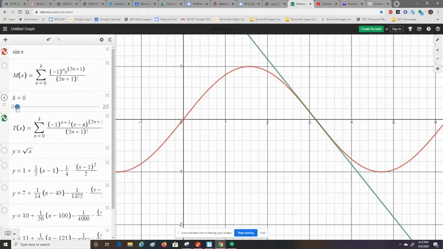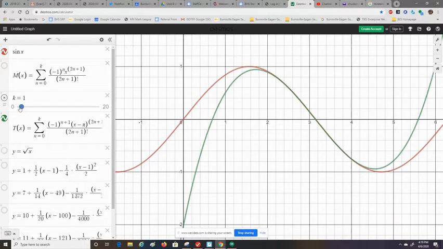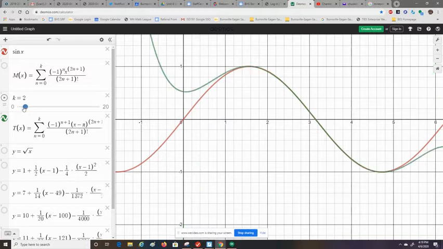Sorry, negative x minus pi to the first power plus x minus pi to the third over 3 factorial minus x minus pi to the 5 over 5 factorial. This one centered at pi is giving us a much better approximation at x equals 3. In fact, to 4 significant figures, I think they were exactly the same.